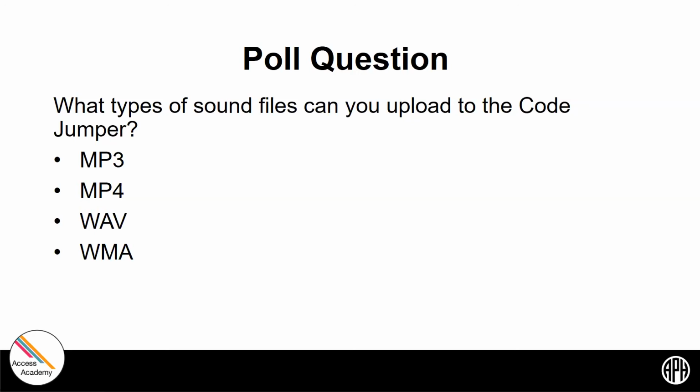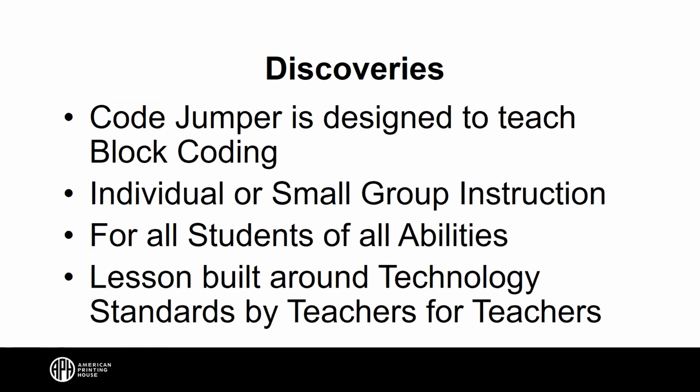And I think we're going to talk a little bit now about what we've discovered today. Is that right, guys? Right. And just remember, this is just one lesson out of the whole group, and there's many, many, many more. So we've just introduced you to one of the lessons today. Discoveries. We've discovered that Code Jumper is designed to teach block coding.